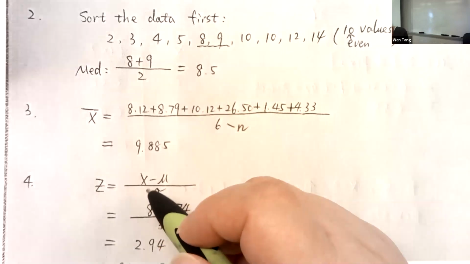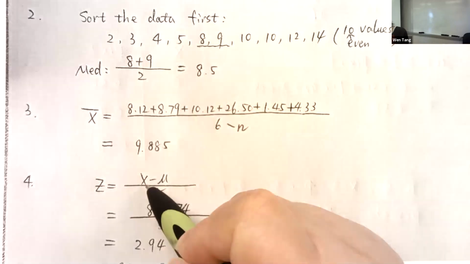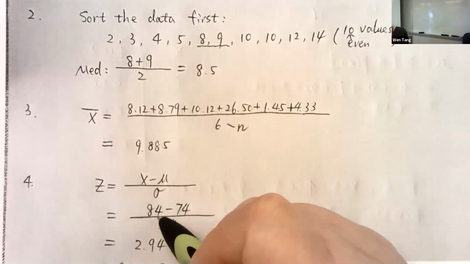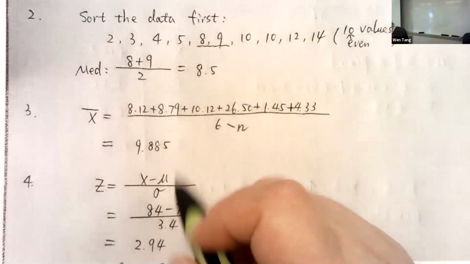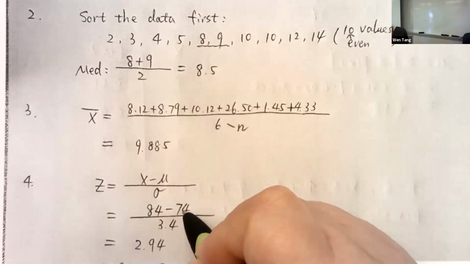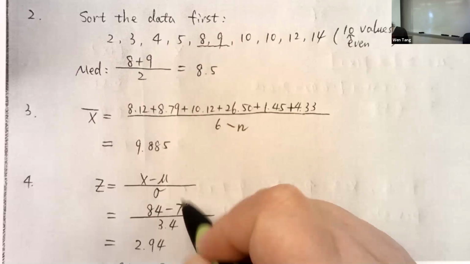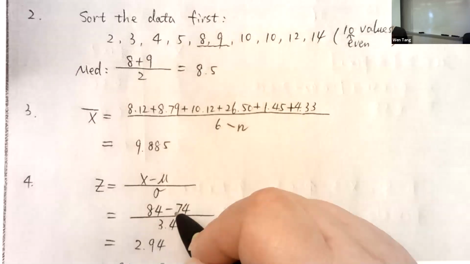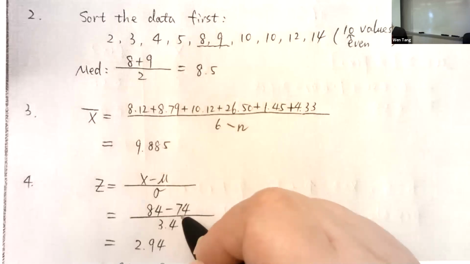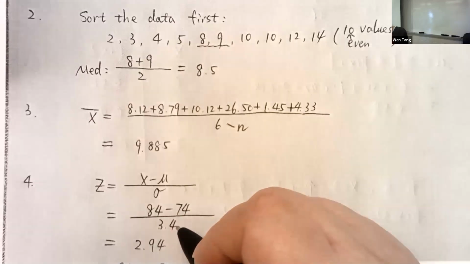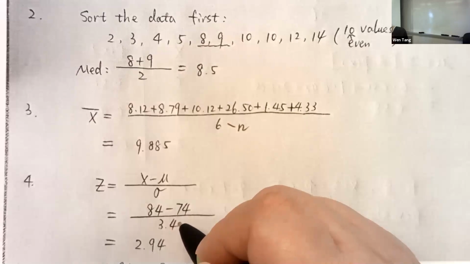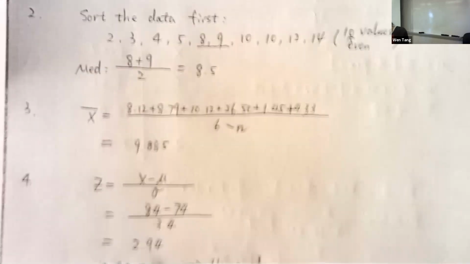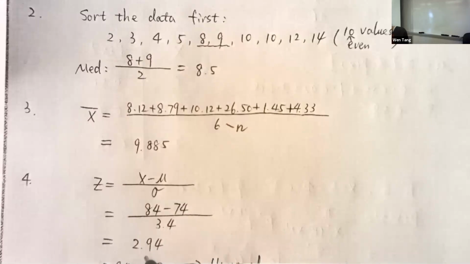The x value here is 84, then minus our mean value, 74. Again, the x value goes first. Then divided by the standard deviation, which in this case is 3.4. So we will get the z-score 2.94. This is the first part of the question, finding the z-score.